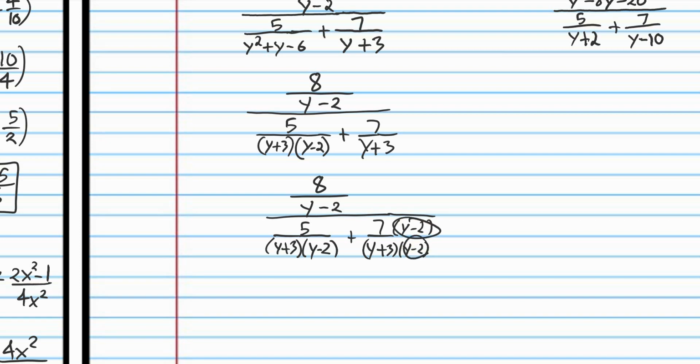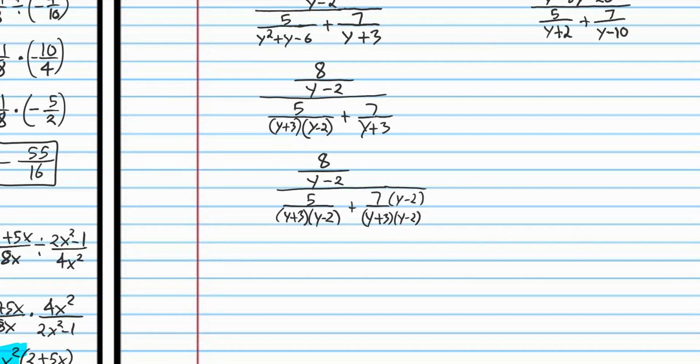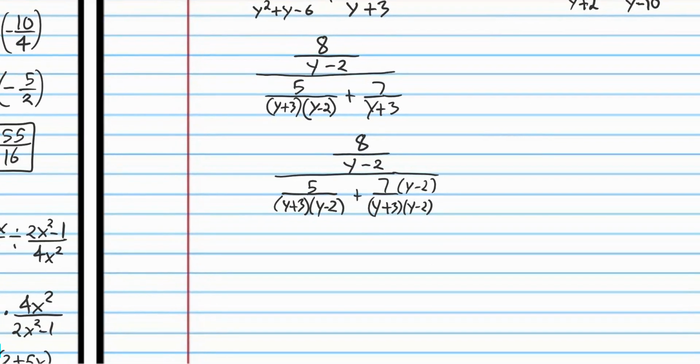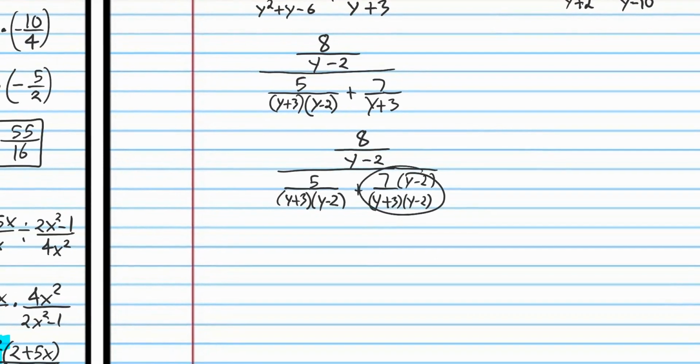Unless this is a 0, you can't do that. But we haven't talked about that in my math curriculum yet. All right. So now I'm going to go ahead and distribute this.